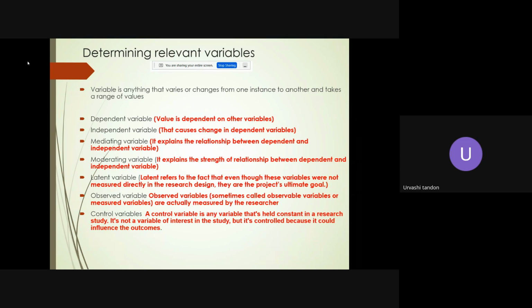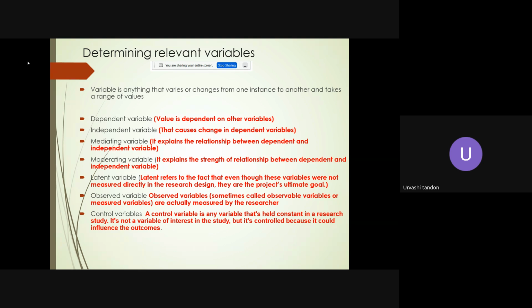Now the question comes, what is a mediating variable? A mediating variable explains the relationship between the dependent and independent variable. As the name indicates, it's a mediator. Let's say A has a direct relationship with B, but when C is entered into that, the relationship becomes indirect, and they want to see whether the indirect relationship is strong or not.